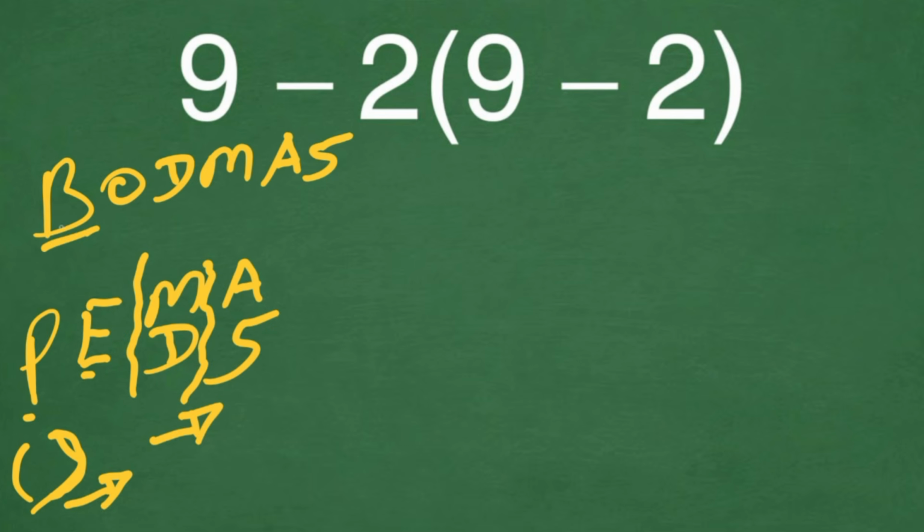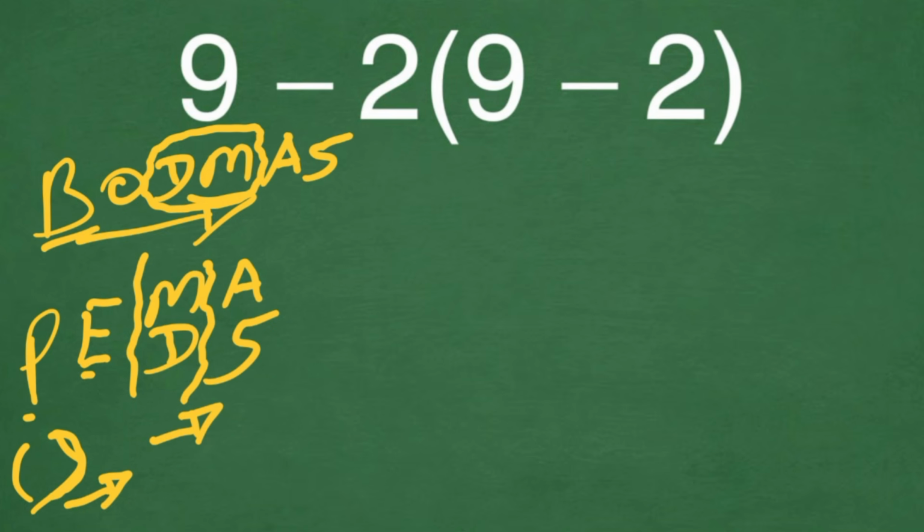B stands for bracket, O stands for order, which means exponent, D for division, M for multiplication, A for addition, and S for subtraction. So this is the rule. It's similar. The only difference is D and M change places, but that is okay since they both have equal priority.